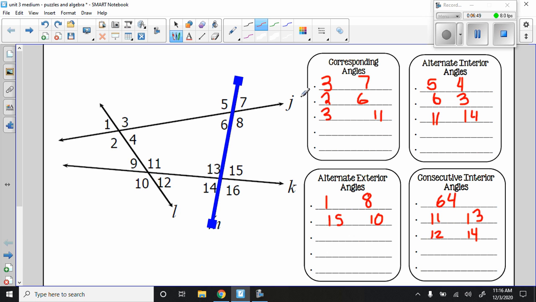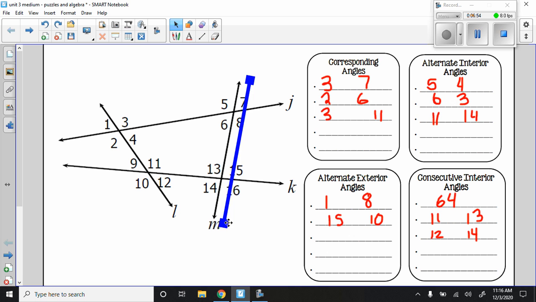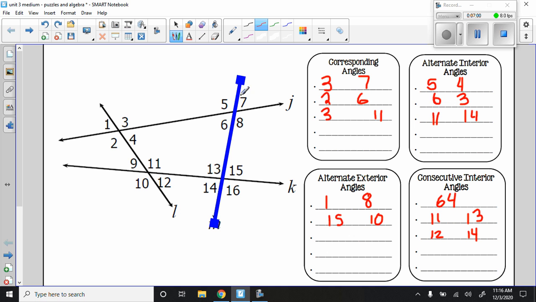What I want you to know is just because we are focusing on line M now as our bridge, 3 and 7 are still consecutive, even though I'm not focused on bridge J at the moment. They're still consecutive.